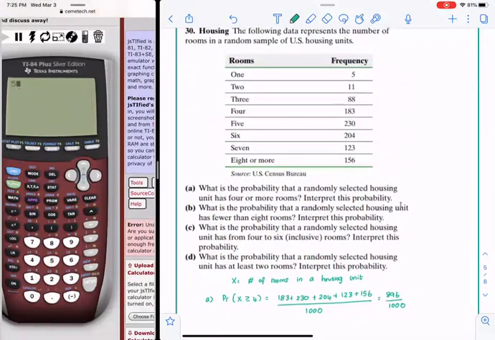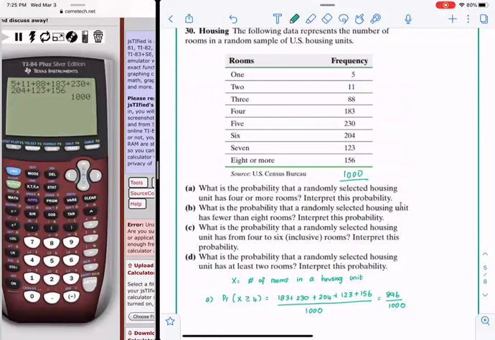So we'll compute the total, which is 5 plus 11 plus 88 plus 183 plus 230 plus 204 plus 123 plus 156. That comes to 1,000.